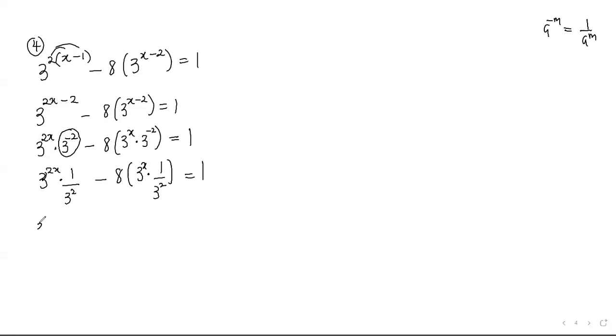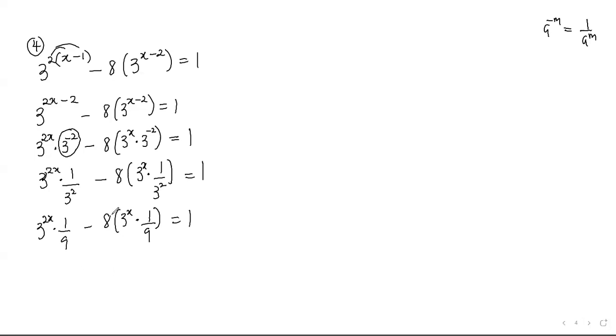So we can say this is 3 to the 2x times 1 over 9 minus 8 into 3 to the x times 1 over 9, equal to 1. That's very interesting.